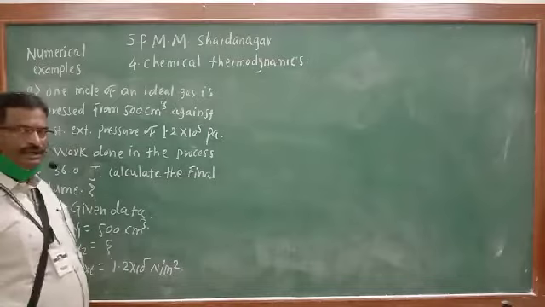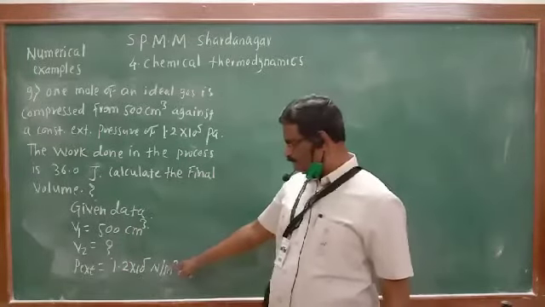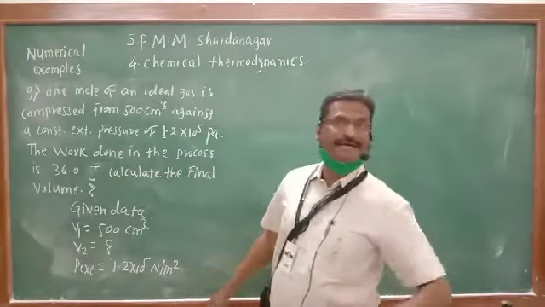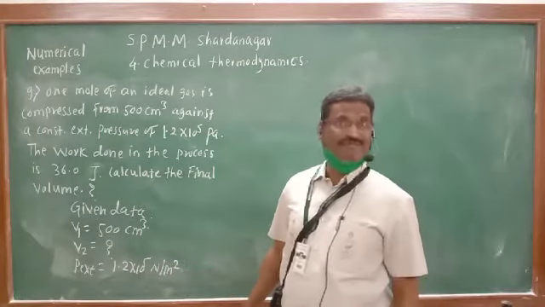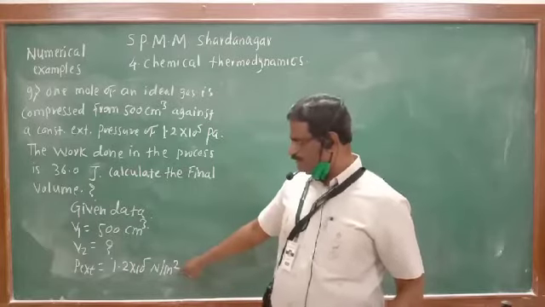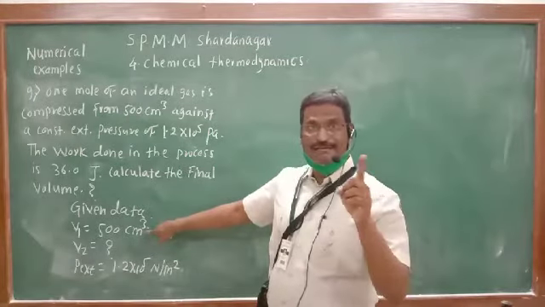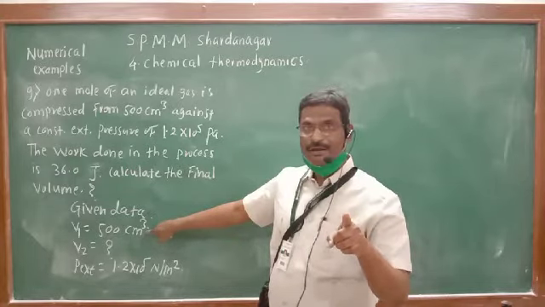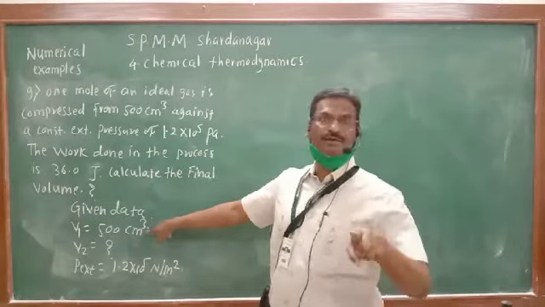Now the important fact, we must know that the units should be SI. All the units must be in the same format. This is SI unit, but this is not SI. We have to convert centimeter cube to meter cube, not decimeter cube, to meter cube.